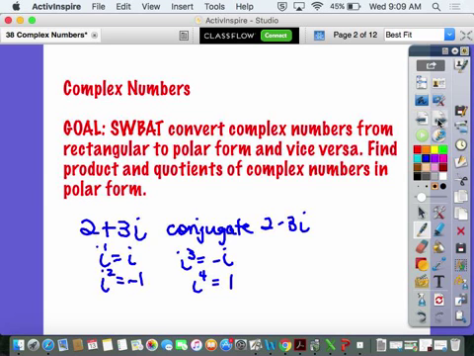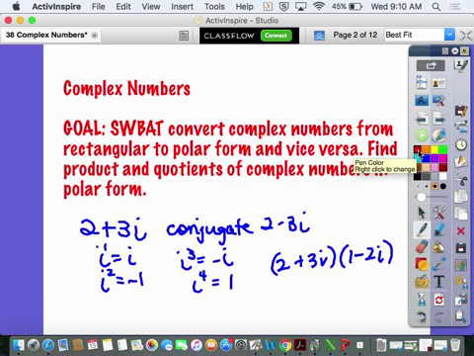More complex operations. Because you guys did stuff like this back in algebra 2. You multiplied that. You guys remember how to multiply this? How do you multiply this? FOIL, so it would be 2 minus 4i plus 3i minus 6i squared.